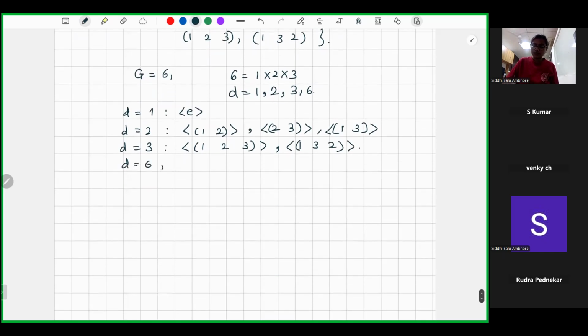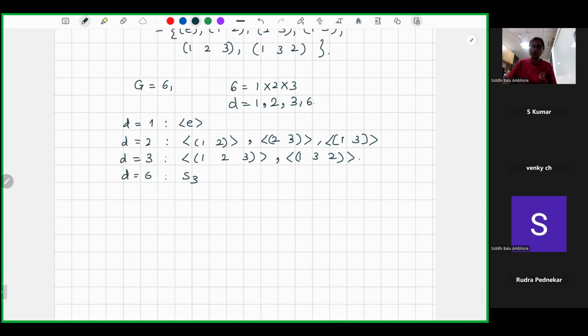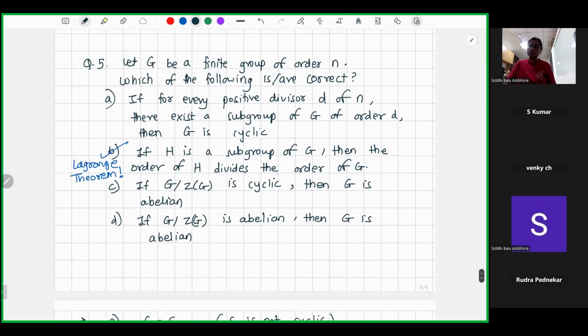And for D equal to 6, again my whole S3 itself is a group. There is no condition on the subgroup. It could be cyclic. They are not asking what the nature of the subgroup is, whether they want it to be abelian, non-abelian, and whatnot. They are just saying for every positive divisor D of n, there exists a subgroup of that order.